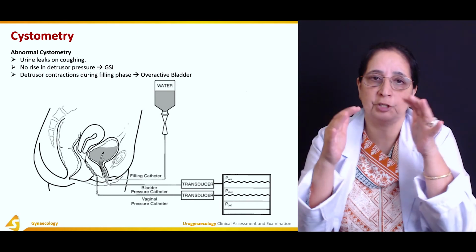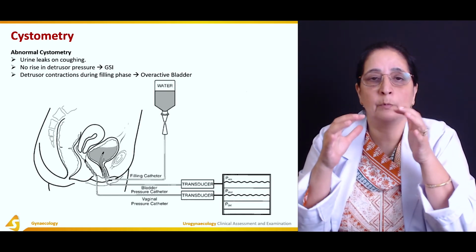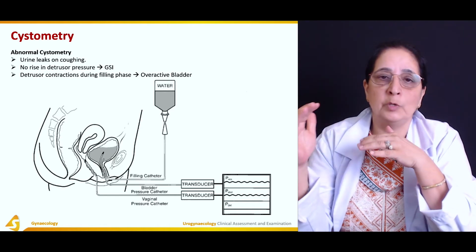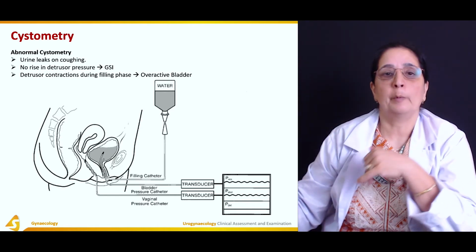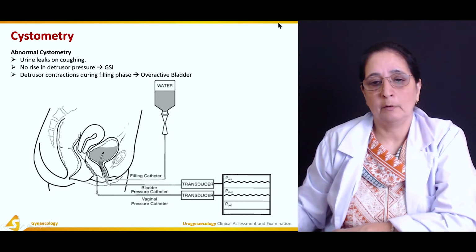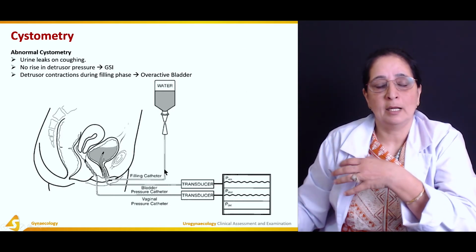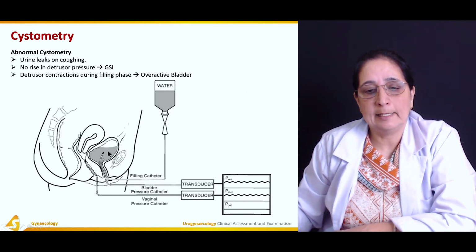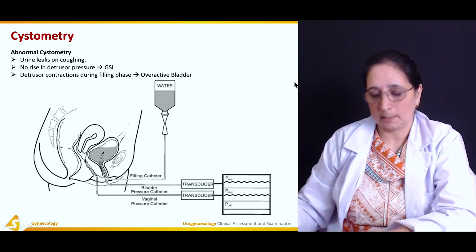It's just the pressure on the wall of the bladder due to the increase in abdominal pressure. So here, when the fluid is inserted and the pressure is increased, this can lead to incontinence.